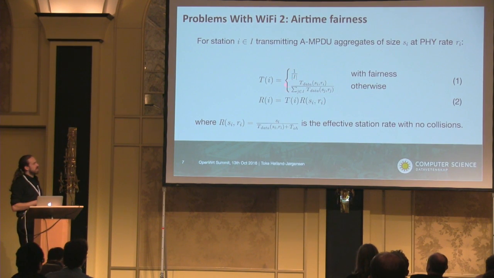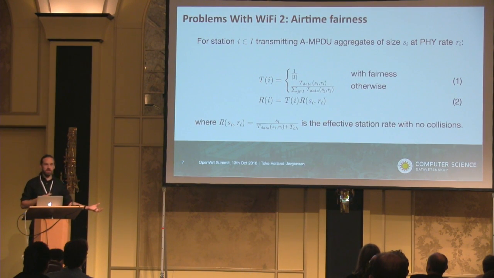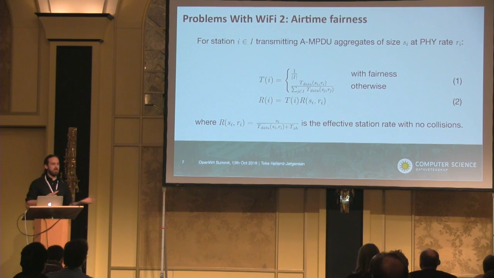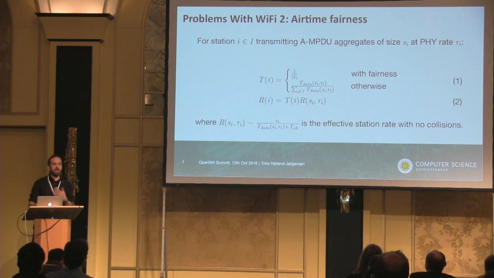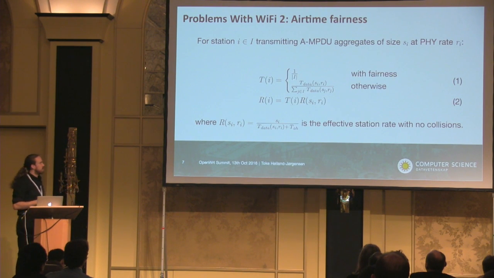So this just says that the ratio of time that each station gets is the time it takes that station to transmit one packet or one aggregate divided by the total time that all stations take to transmit one aggregate. So if this varies a lot, the time is going to be a lot different. And then the rate is just the rate that one station would get if nothing else was there, divided by the percentage of time it can actually transmit.